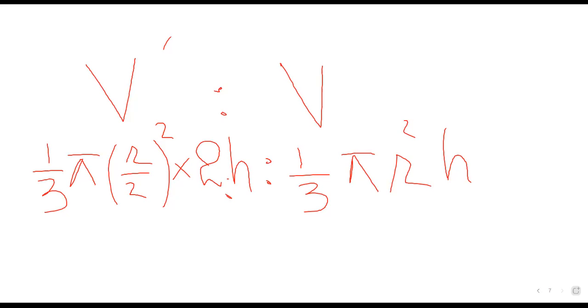So this is the formula. Now look at this. One more step will give you the right ratio. This is 1/3 as it is, pi as it is, and this will become r square over 4, and this will be 2h. Am I right? Right.